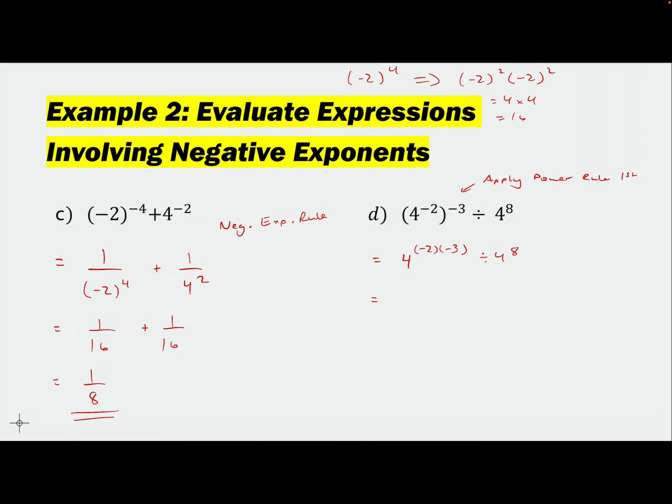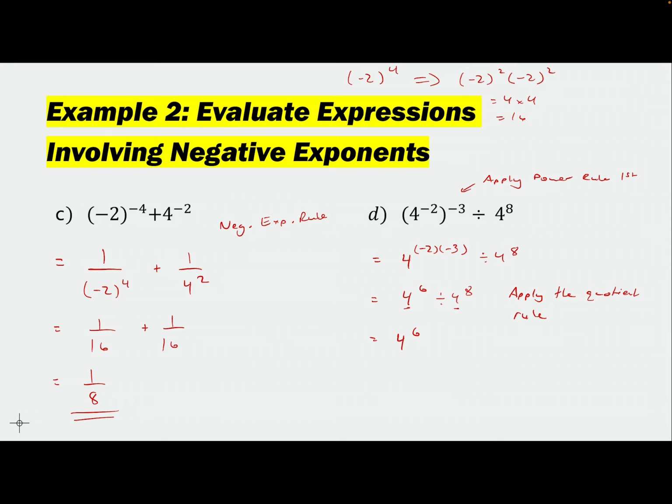So negative 2 times negative 3, that's a positive 6. So we have 4 to the 6 divided by 4 to the 8. So now I should apply the quotient rule. I can do that because we have the same base. The base is 4 for both of those. I can just subtract the exponents.